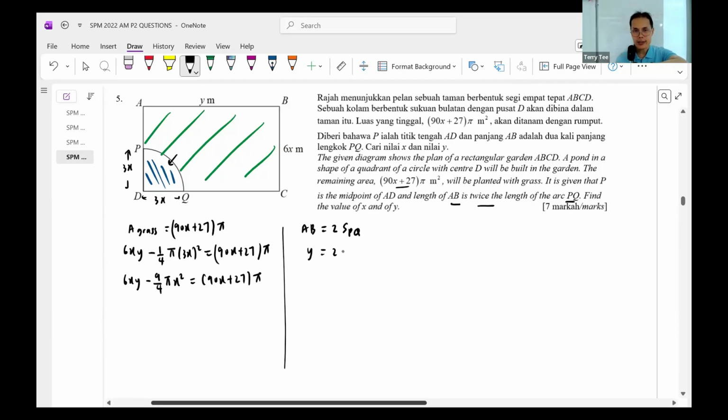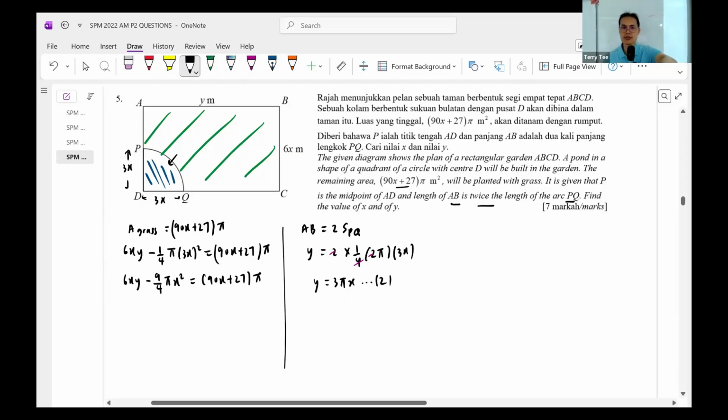We use 1/4 of 2 pi r, since the circumference of a circle is 2 pi r. What's your r? Your r is 3x. So your y is basically, can we cancel 4, 2, 2? So it's 3 pi x. Am I right? y is 3 pi x, equation 2.